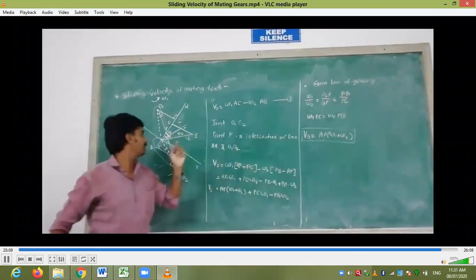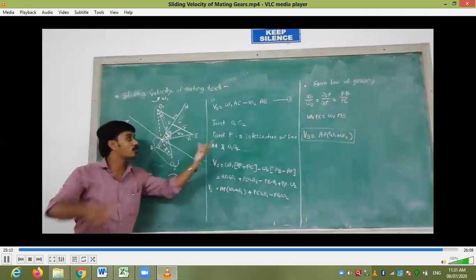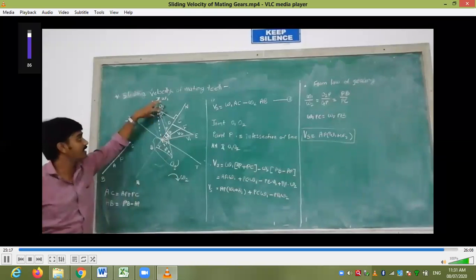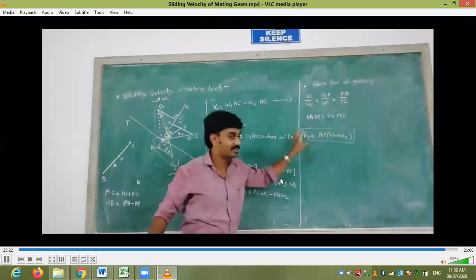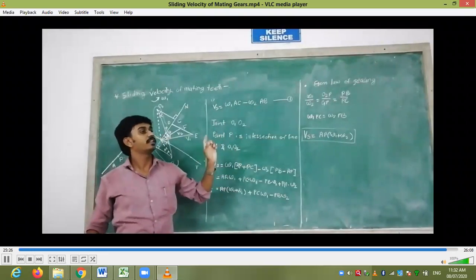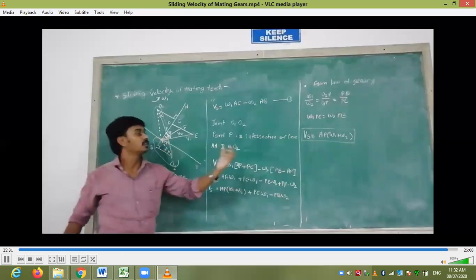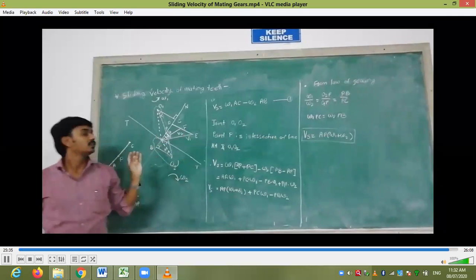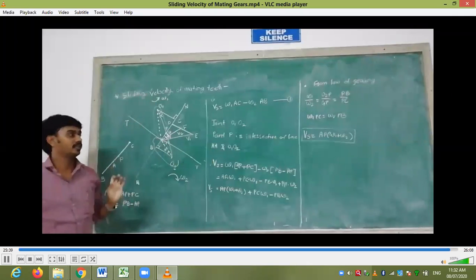AP is the distance between the point of contact and the pitch point, and omega 1 and omega 2 are the angular velocities of gear 1 and gear 2 respectively. Then we can define sliding velocity as the product of the distance between the pitch point and the point of contact and the sum of the two angular velocities of the gears. This is the statement for the sliding velocity of the mating gears.